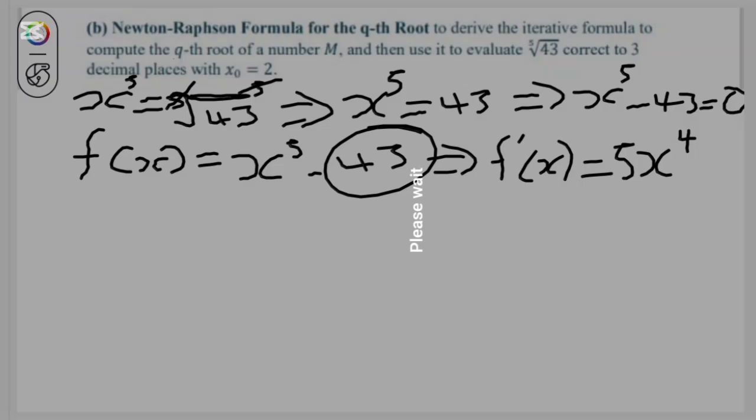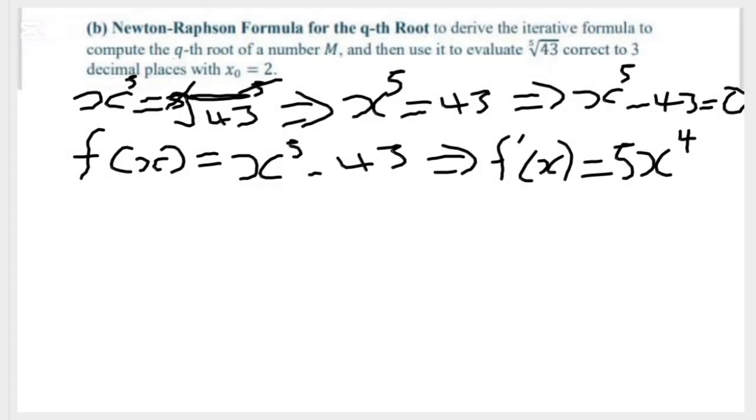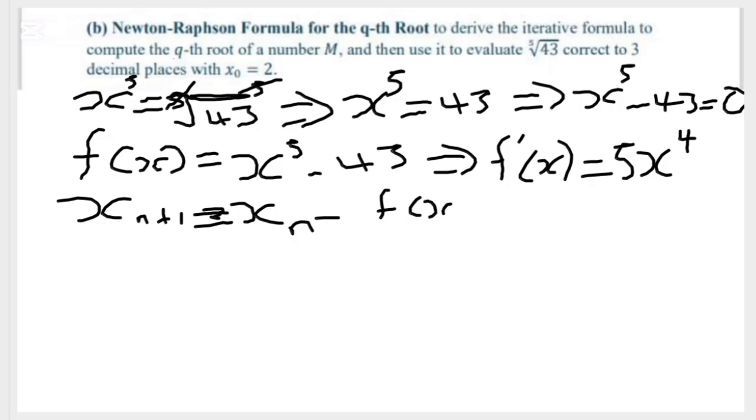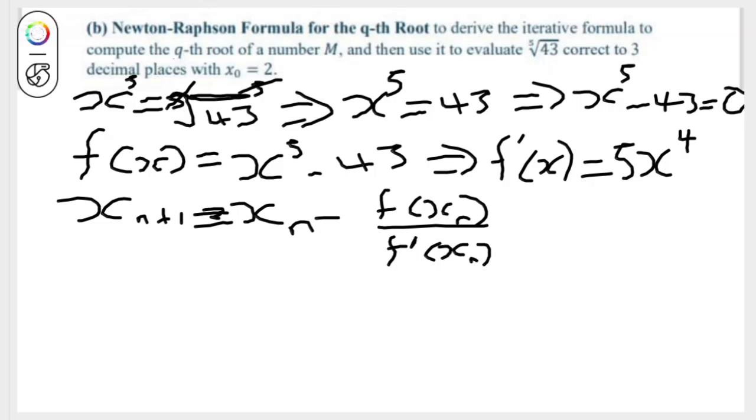So the formula for the Newton-Raphson method is x of n plus 1, which is equal to x of n minus f of x n divided by f prime of x n.